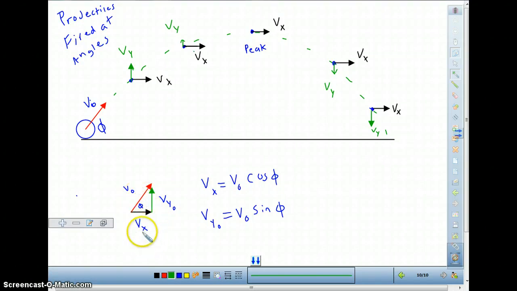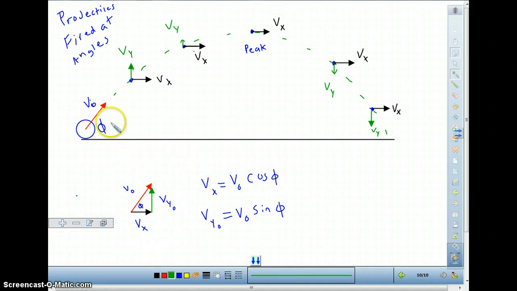And since Vx is the adjacent side to the reference angle, we could use cosine to form this formula to find Vx. We could use sine similarly, since this is the opposite side of my right triangle, to find the initial y velocity.